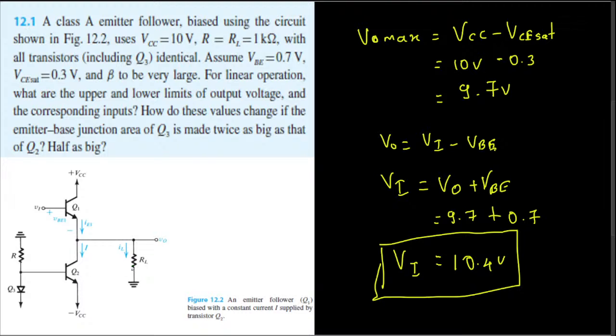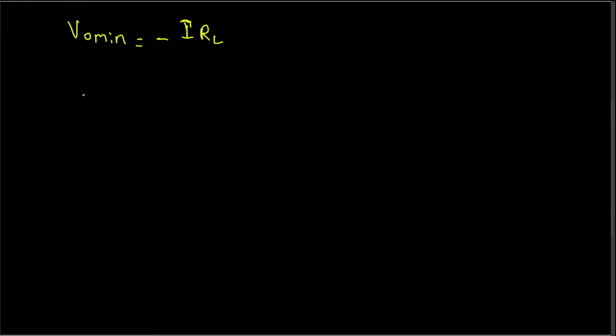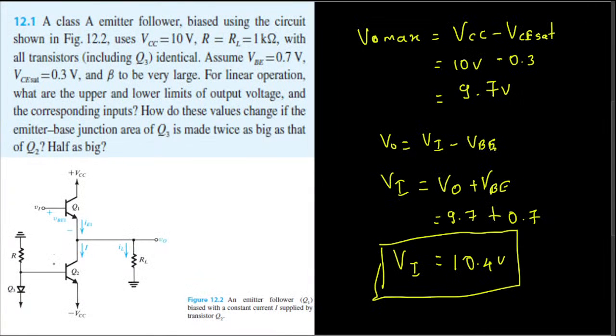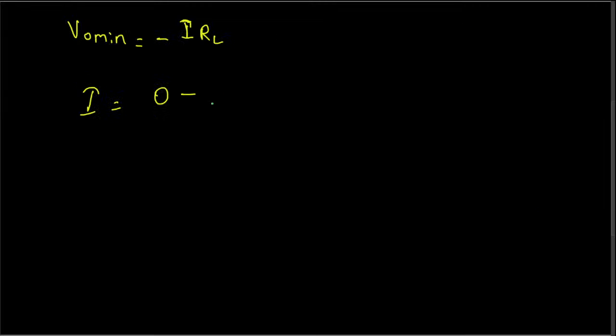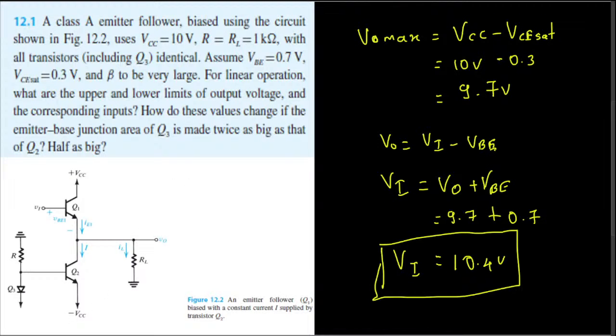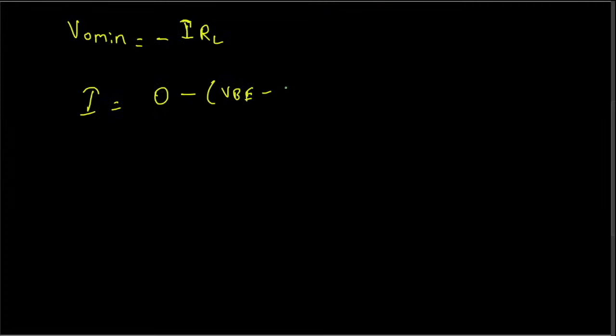Here this voltage is 0, so I is equal to ground, 0, minus the VBE, minus VCC. So you can just write it like this.